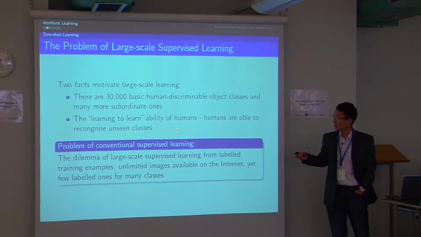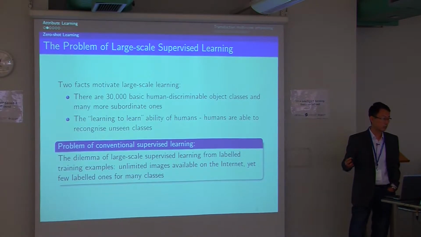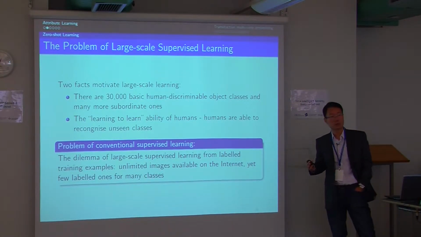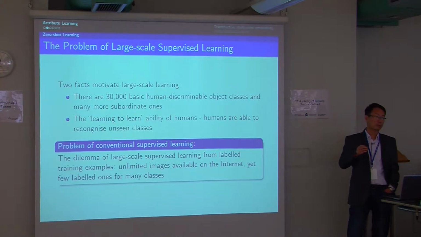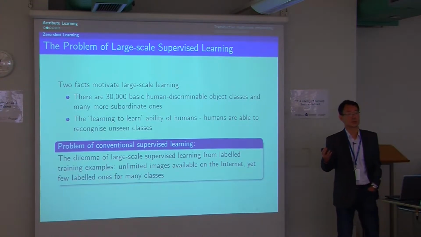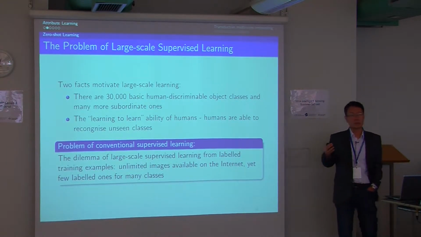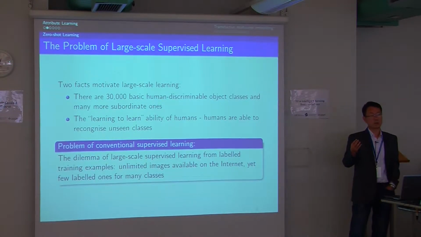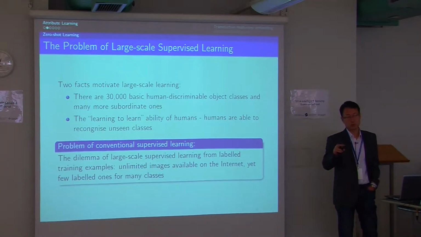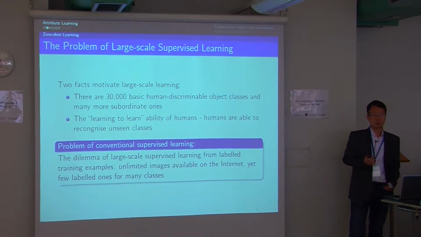Another thing is that we found out for a long time that humans have the ability of so-called learning to learn, which means for a lot of categories, people have probably never seen any images of them. But if people are familiar with, let's say, 1,000 categories, then you just describe to them what this particular category looks like, and people have no difficulty recognizing this new category.